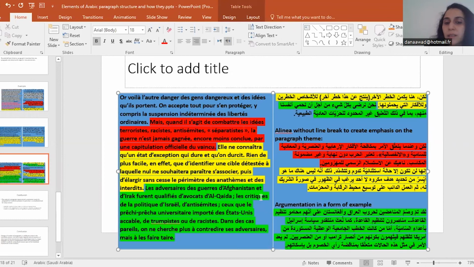And the separation of the last paragraph was because it linguistically changed into an example. So there was an example. So it is an example of what was said before, and to create an argumentative element in Arabic, there was a separation of this paragraph.